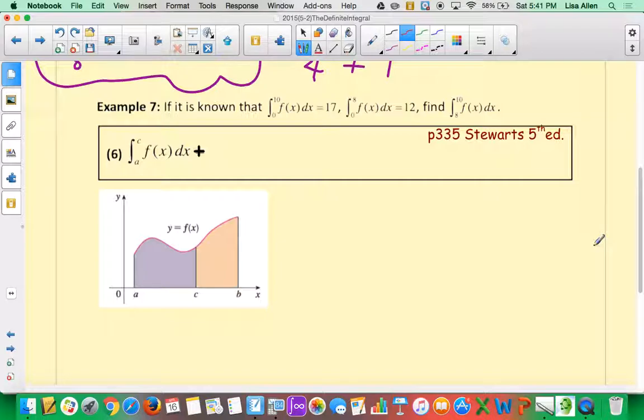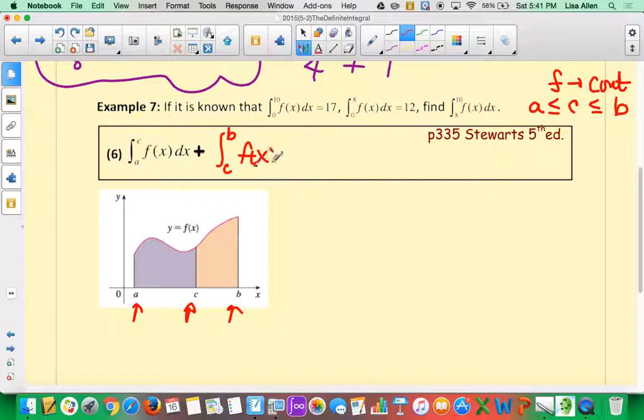If f is continuous from a to b, and there exists a c somewhere in between, then the integral from a to c plus the integral from c to b of f of x dx is equal to the integral from a to b of f of x dx.